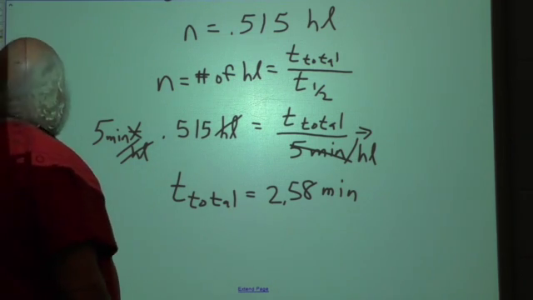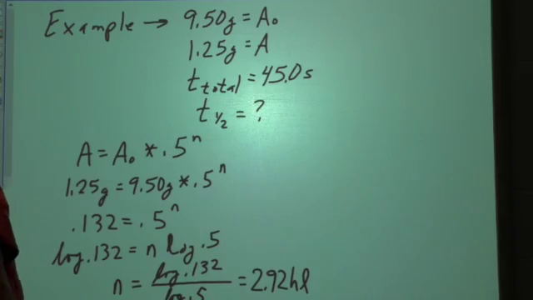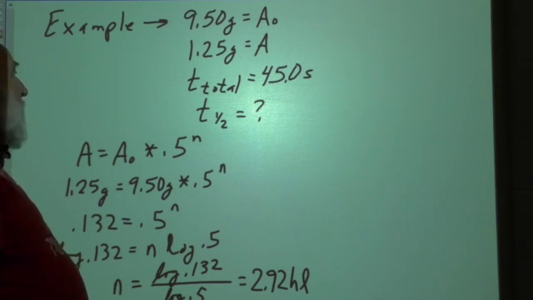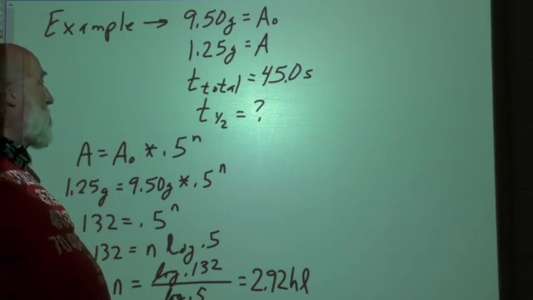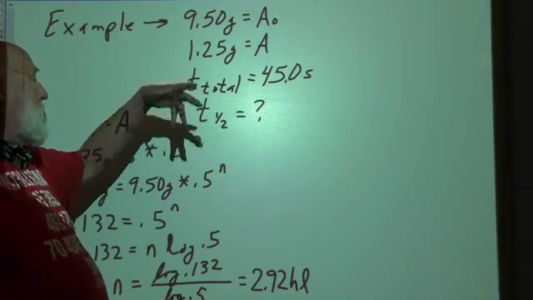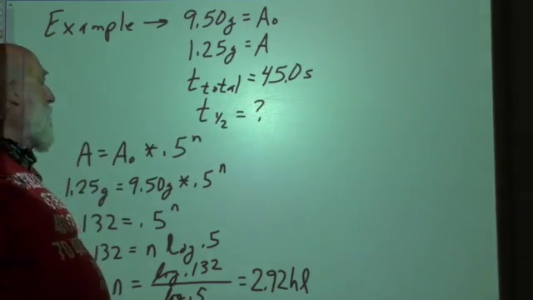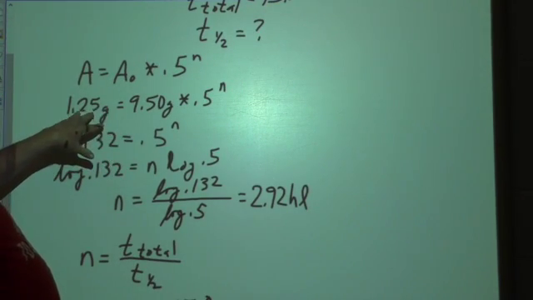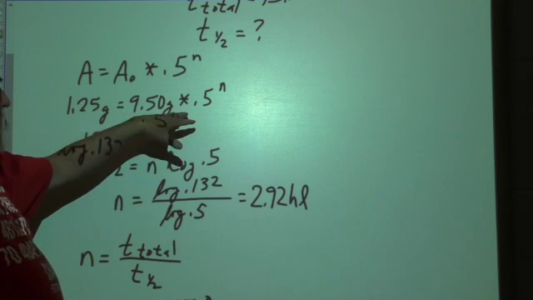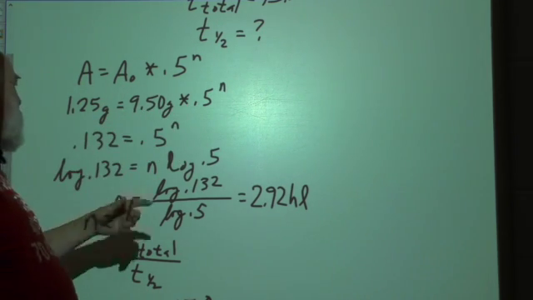Let's take a look at one of the examples I gave you. The example was you started with 9.5 grams of a substance, and it went down to 1.25 grams in 45 seconds. So the question is, what is the half-life? Well, you go back to your formula, plug in 1.25 here, 9.50 here, times 0.5 to the n power.